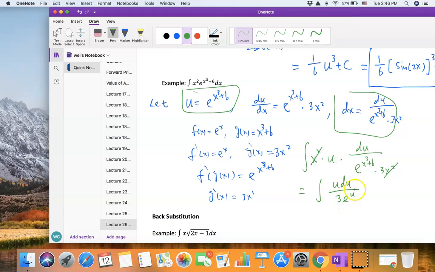Actually, for this type of integral, we're going to use a technique which we will study in calculus 2. But at this point, we're not able to solve this integral. So this tells us maybe we want to change how we choose u. So this way it doesn't work, at least right now.